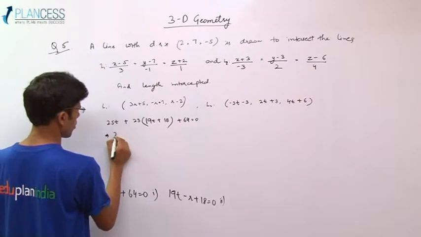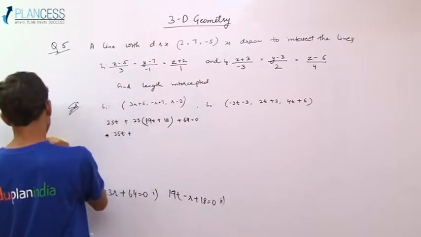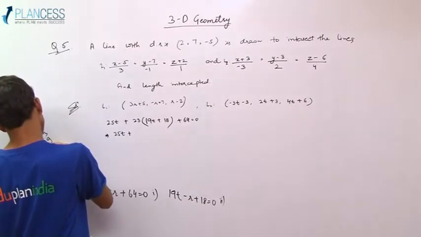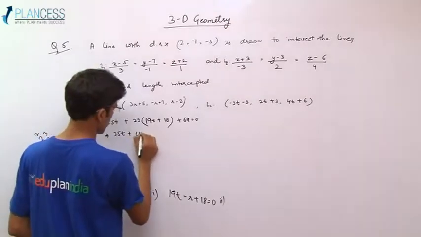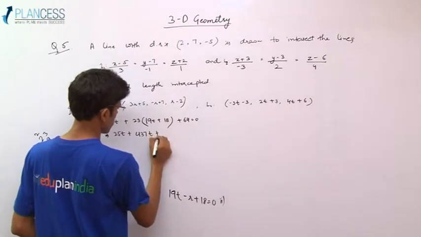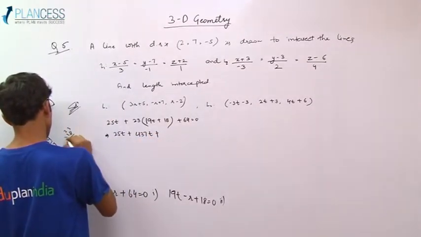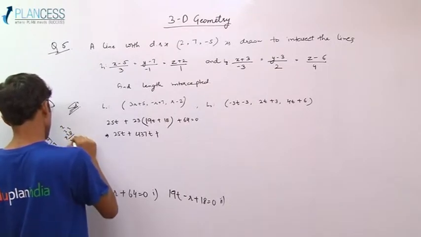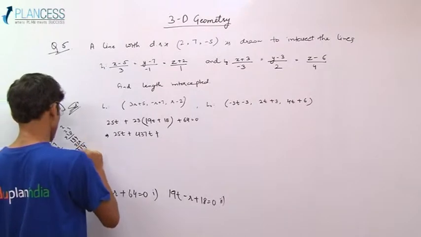So I get 25t plus 23 into 19, that is 437t, plus 23 into 18, that is 414, plus 64 is 0.